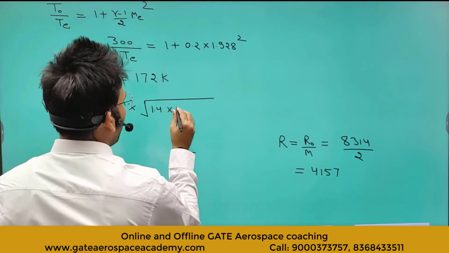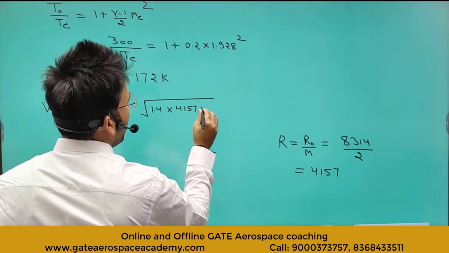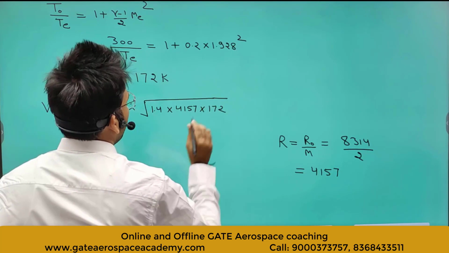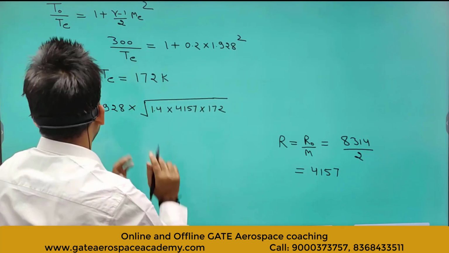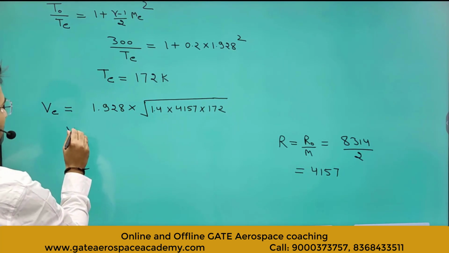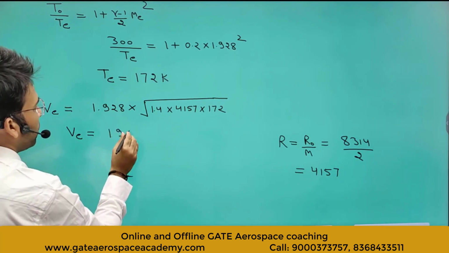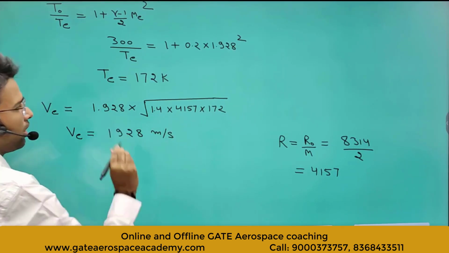So we can substitute here 4157 into T exit 172. Speed of sound a is under root gamma R T, right? So V exit is equal to 1928 meter per second, right?